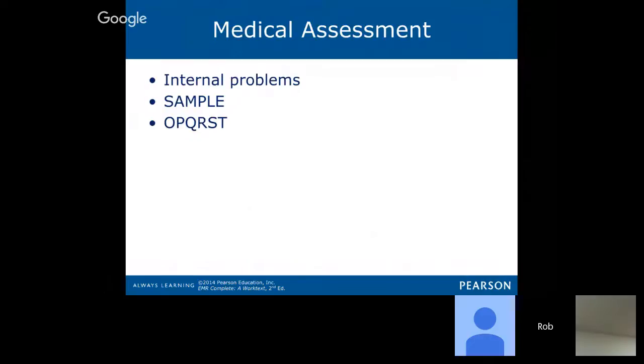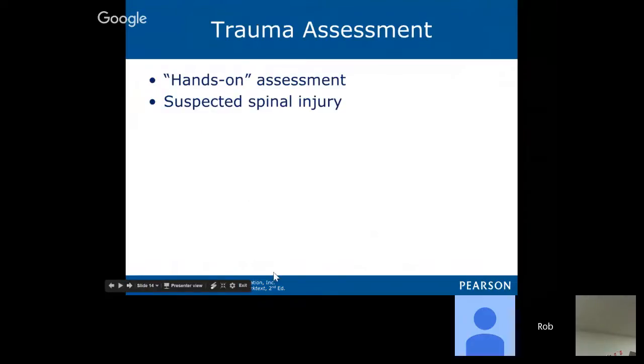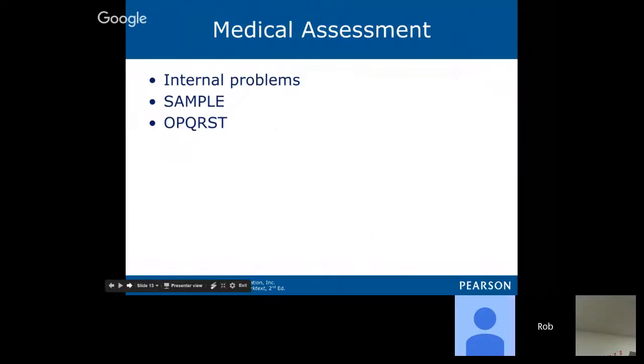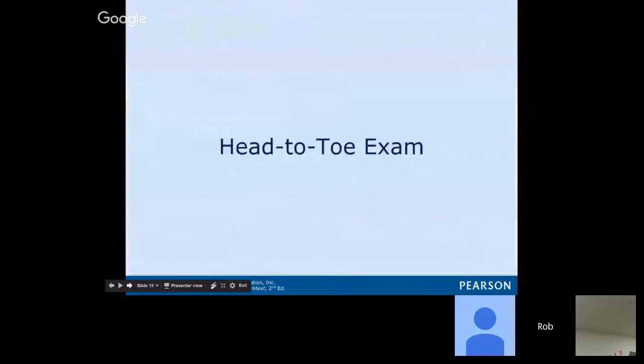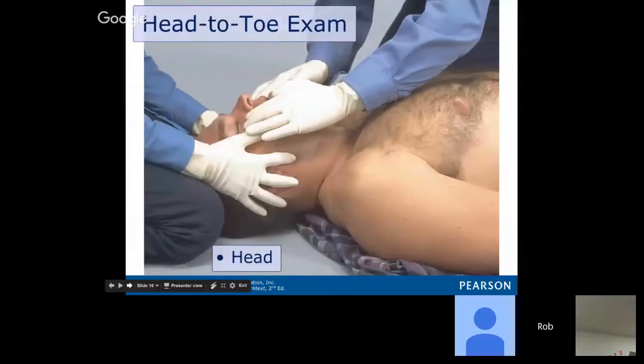So now they have the OPQRST history. Let's see if they're going to start us on it. They don't so far. So your trauma is going to be a hands-on assessment. Under trauma, I told you guys that you're going to do the head-to-toe assessment with your head-to-toe exam. So checking the head.